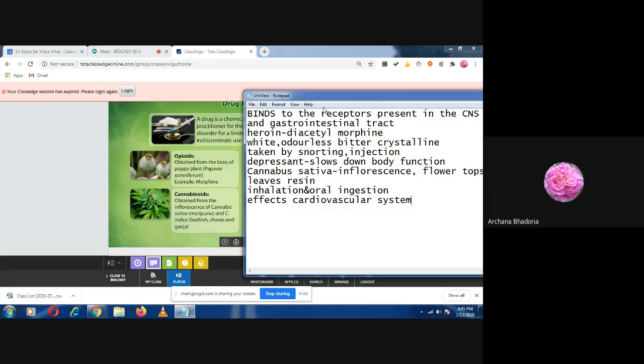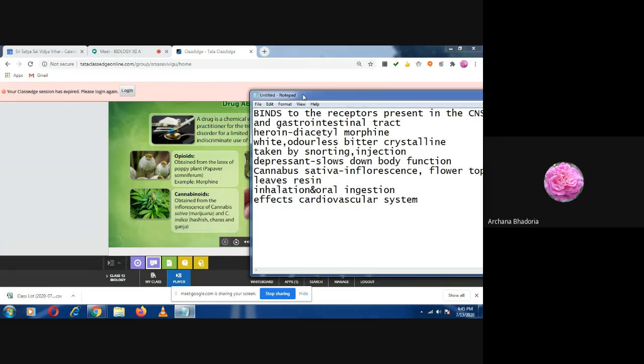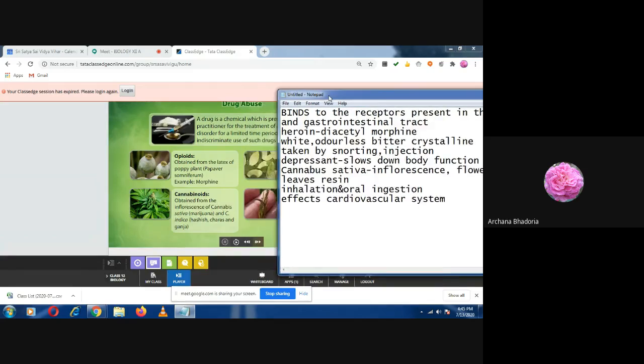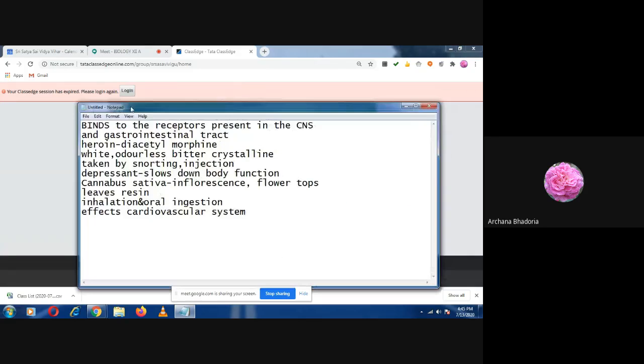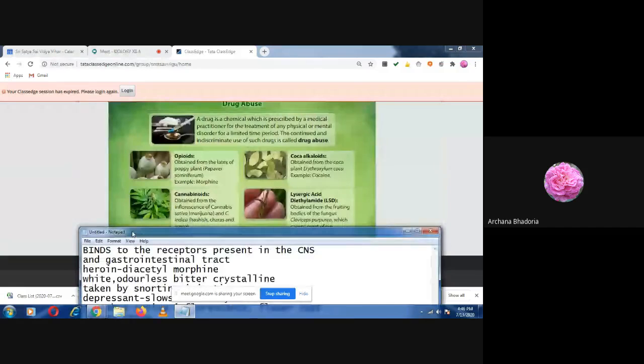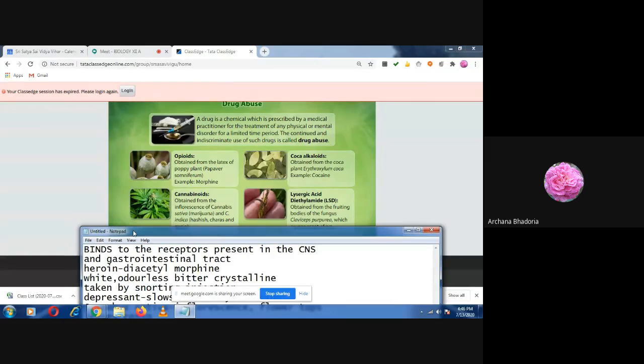Shall we move to the next group of the drugs, children? Okay, it is already 4:45 now. So the next one is the coca alkaloids. Write down the next group of the drug, that is coca alkaloids. And the plant name you can note down here.